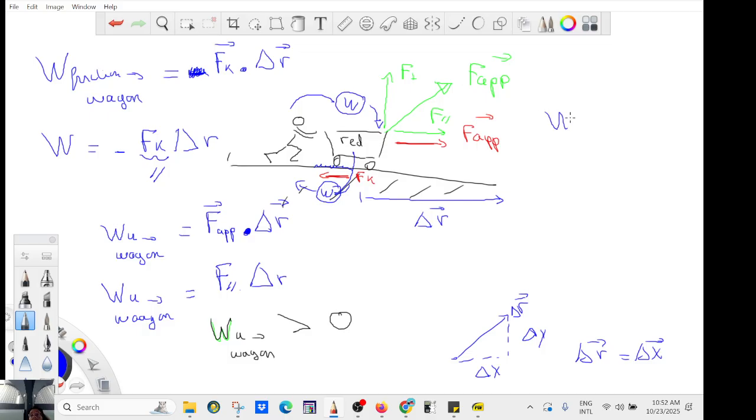So work done, from 1 to 2, will be the force applied, and the force has to be parallel to whatever displacement.